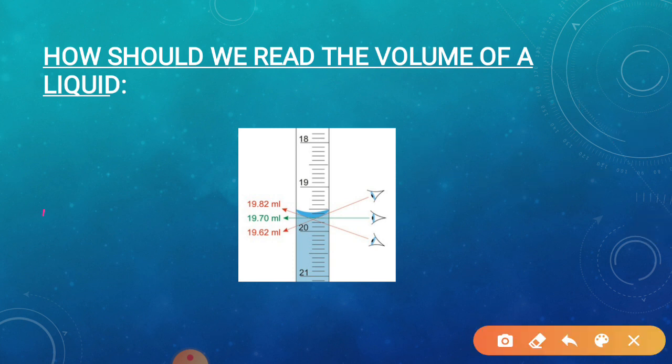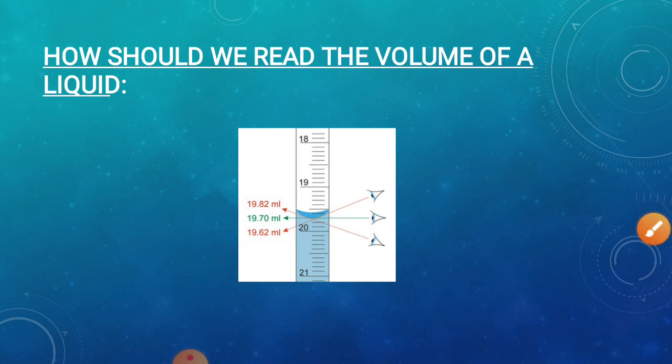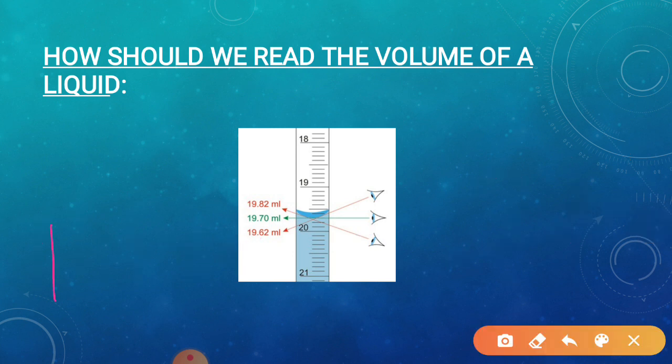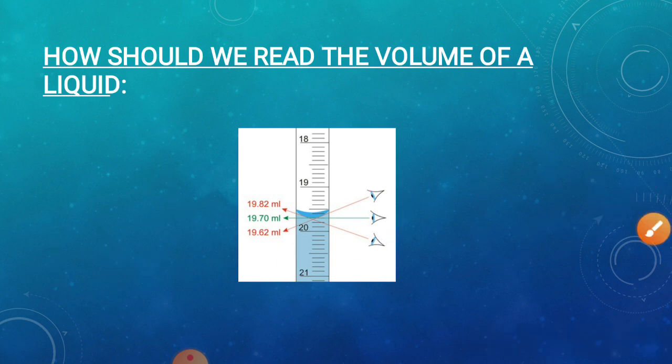Means 1 liter is equal to how many dm cubed? You have to solve this. And the last one is 1 cubic meter, or you can write m cubed, is equal to how many liters. So that's all for today.